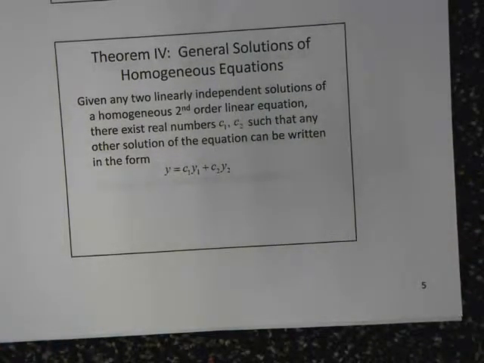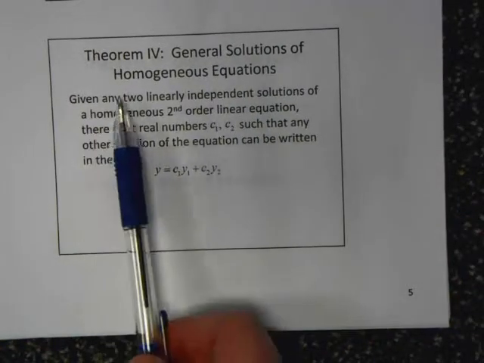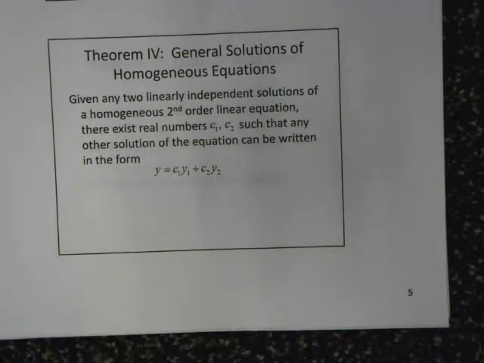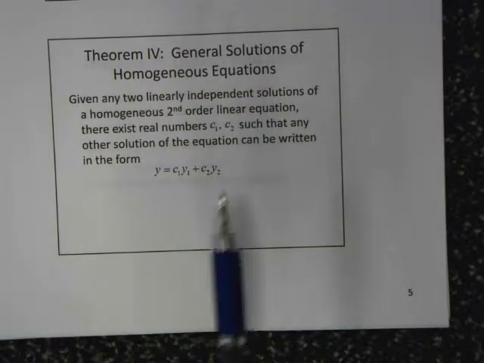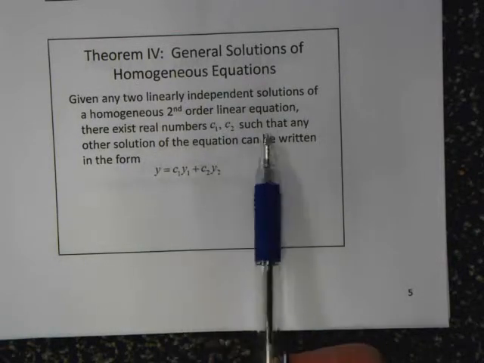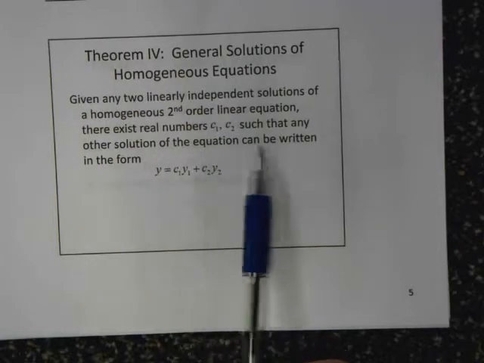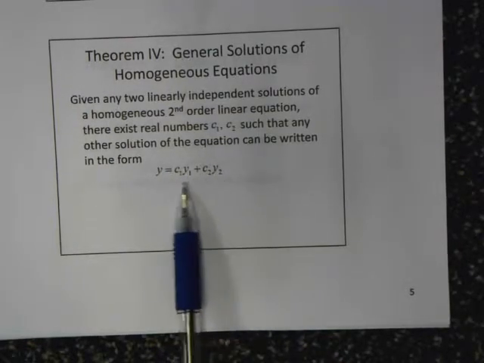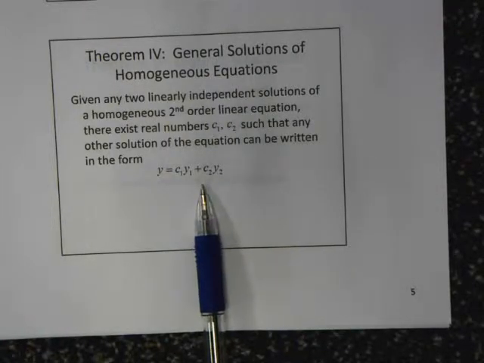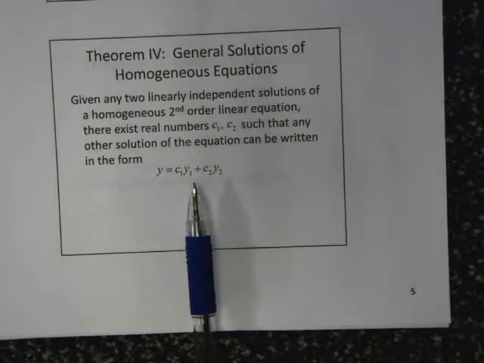Given any two linearly independent solutions of a homogeneous second-order linear equation, there are real numbers C1 and C2 such that any other solution can be written as a linear combination of the first two. In simple words, this says, once you find two answers, you found them all.